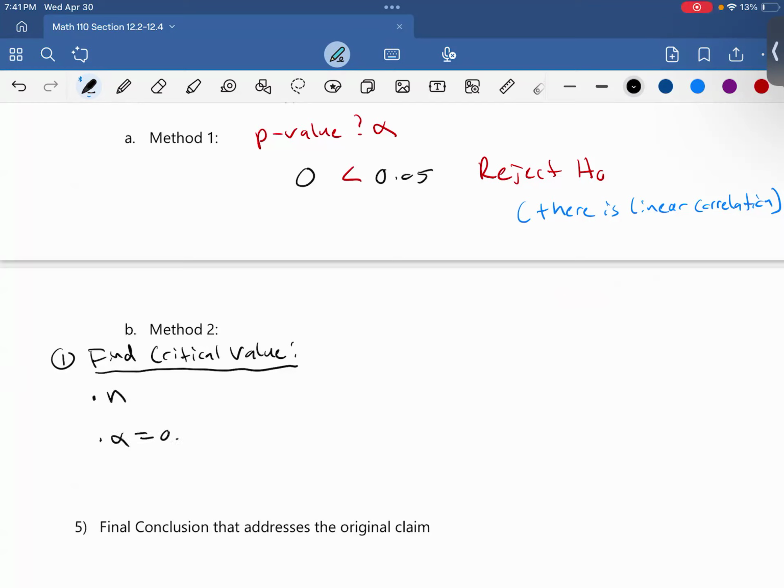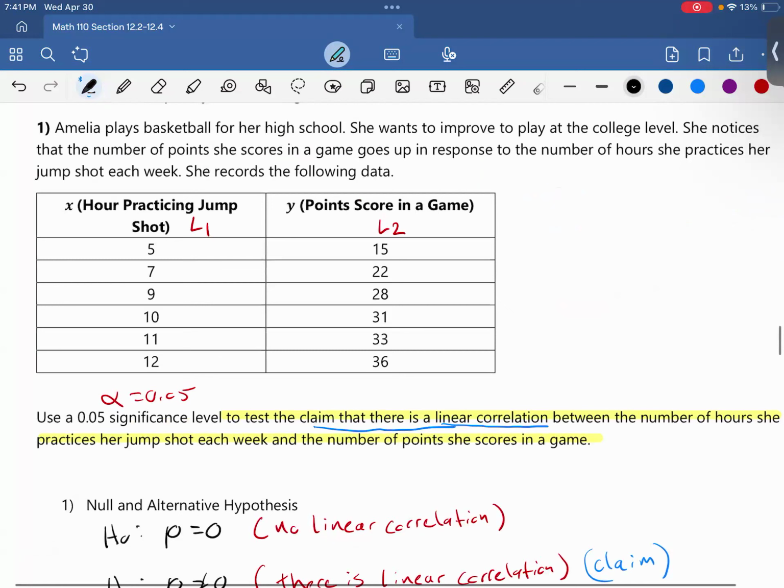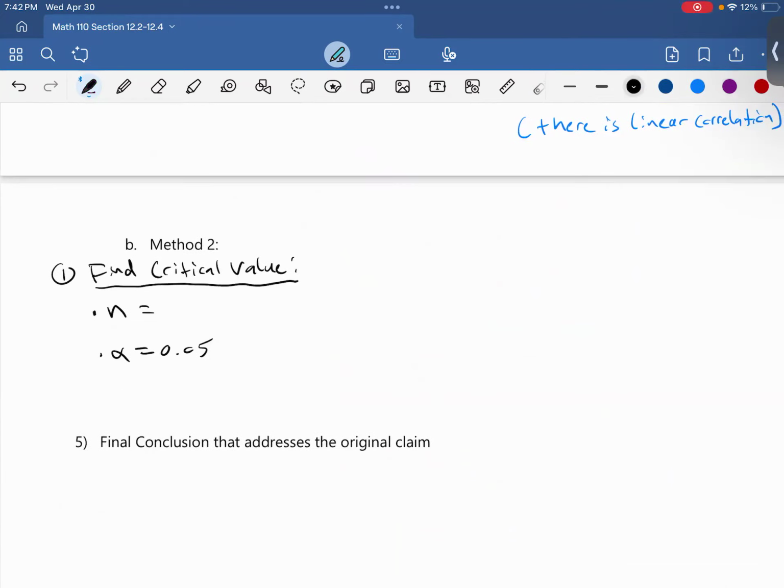We already know alpha is 0.05, but for our sample size, we need to get how many data points there are. So in this question, we have 1, 2, 3, 4, 5, 6. Six data points, so that means n equals 6.